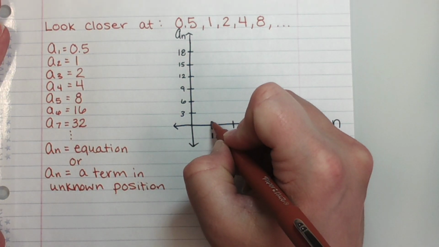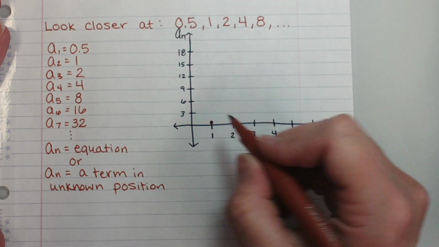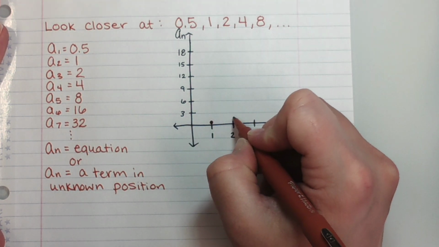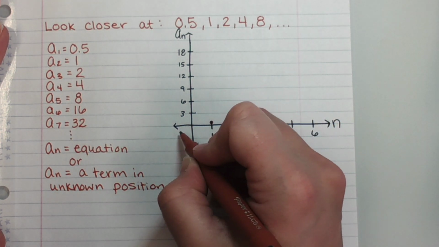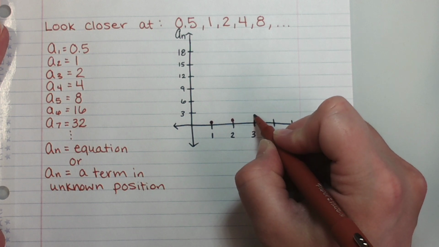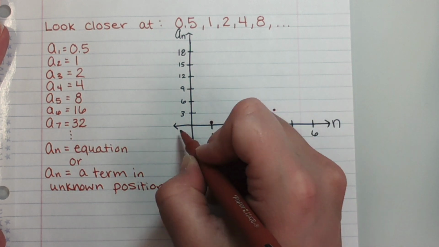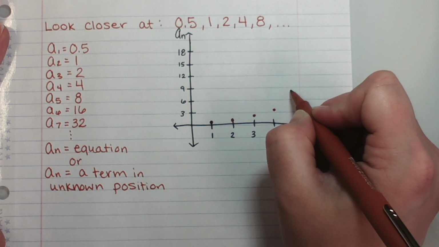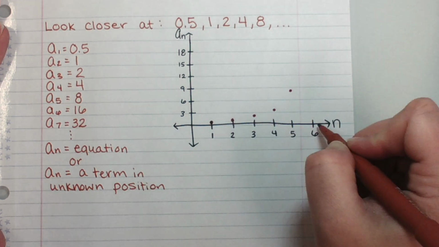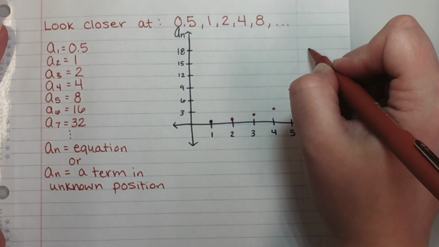So 1, 0.5; 2, 1; 3, 2; 4, 4; 5, 8; and 6, 16.